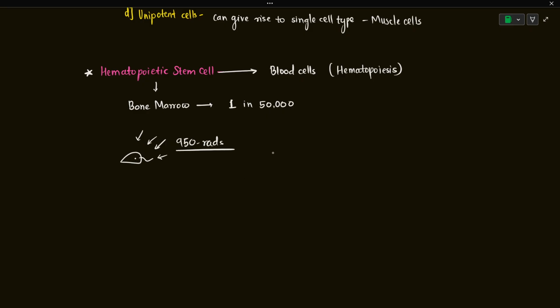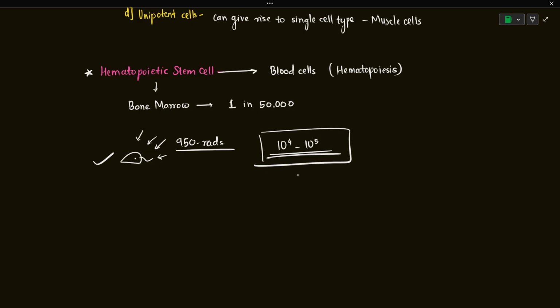But if we infuse 10 raised to 4 to 10 raised to 5 bone marrow cells, this mouse can be saved. To escape this fatal situation, infusion of 10 raised to 4 to 10 raised to 5 bone marrow cells is fine.